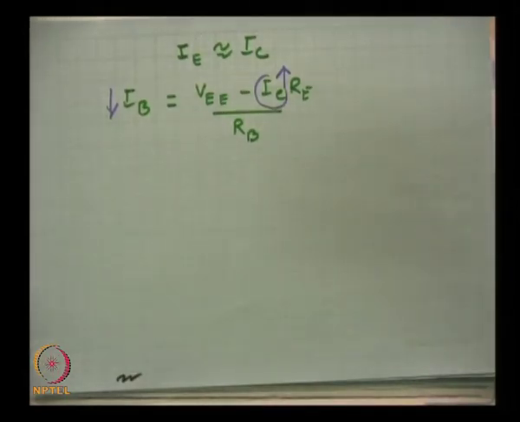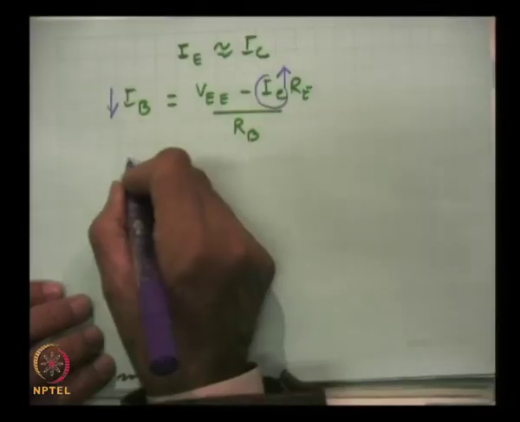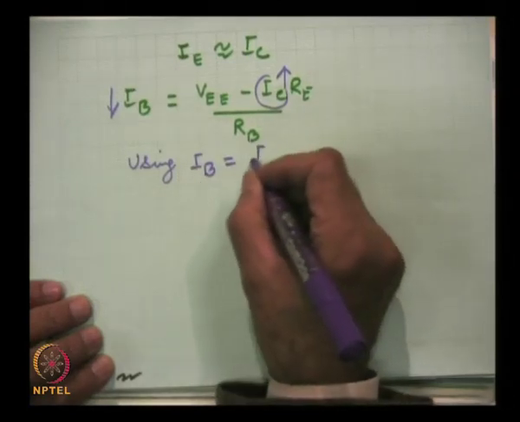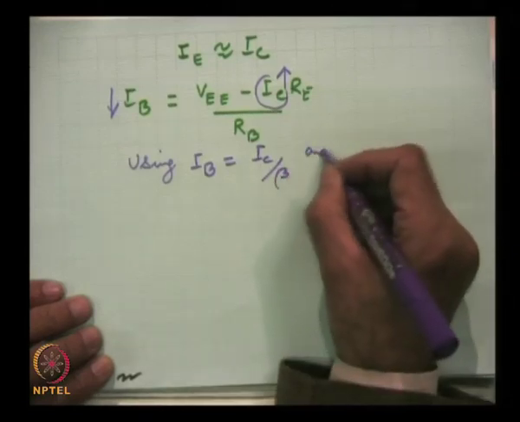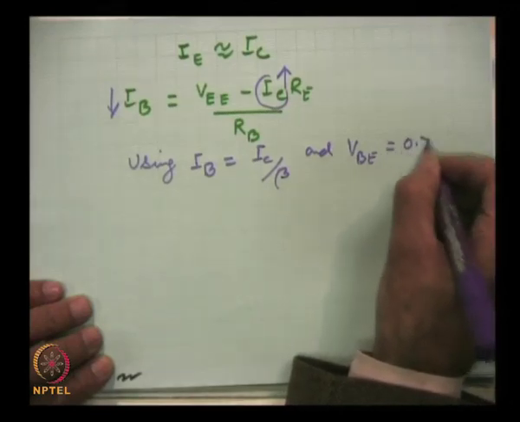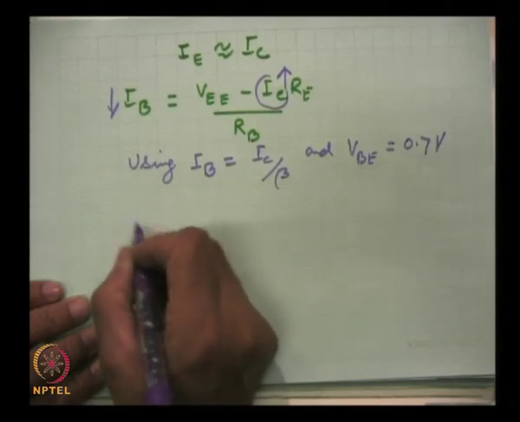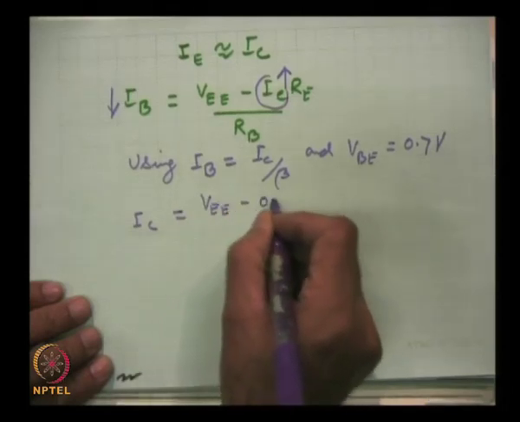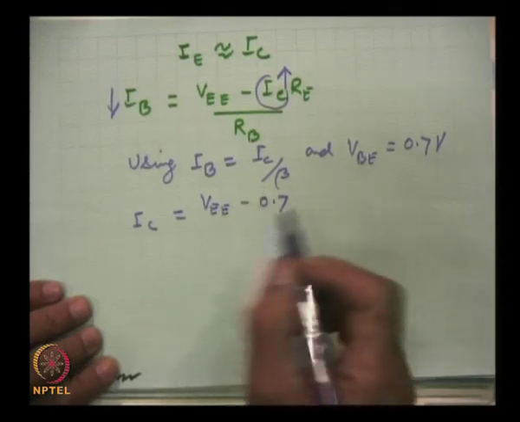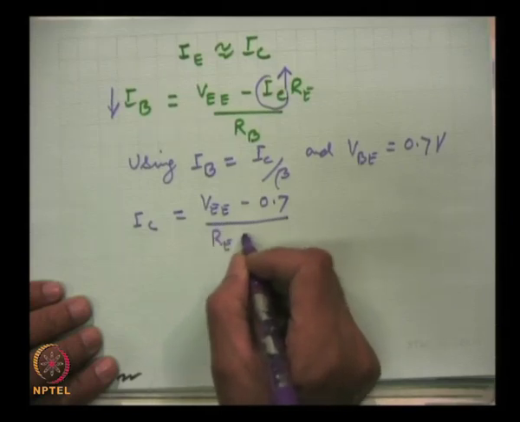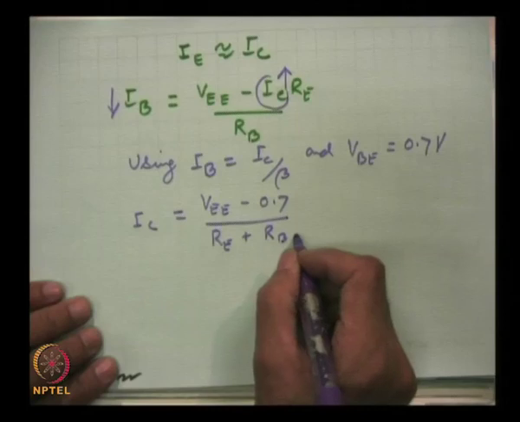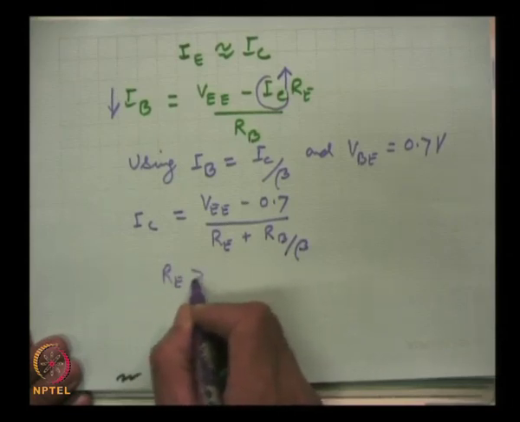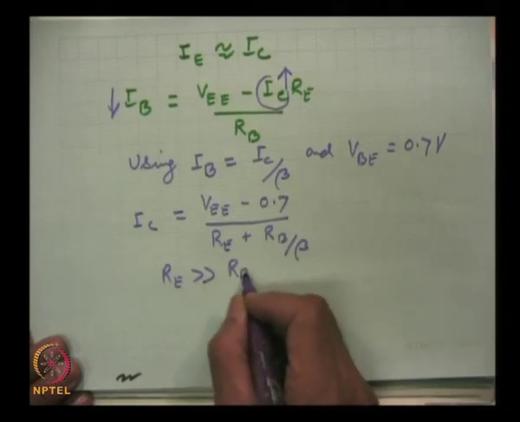So, this is that stability, and using IB equal to IC by beta and VBE equal to 0.7 volts, this IC can be written as, and if we design the circuit such that this RE is large in comparison to RB by beta.